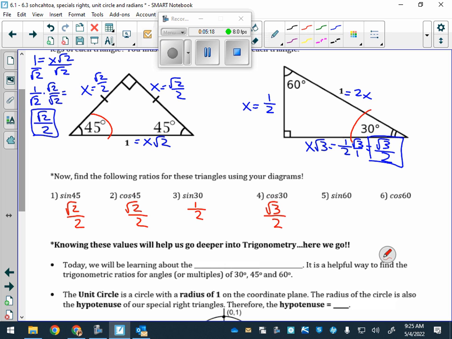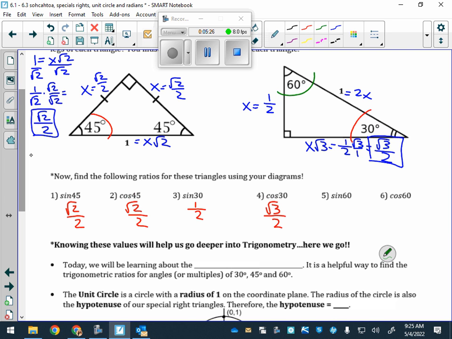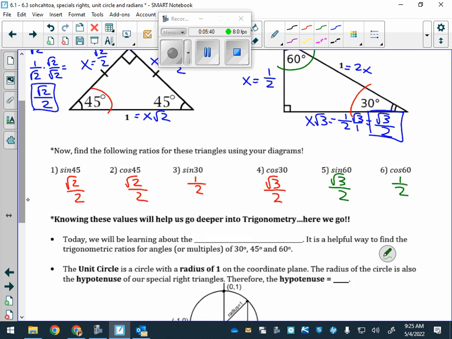Now if we move to the 60, what is my sine of 60? √3/2. And what is my cosine of 60? 1/2. Knowing these values is the most important.